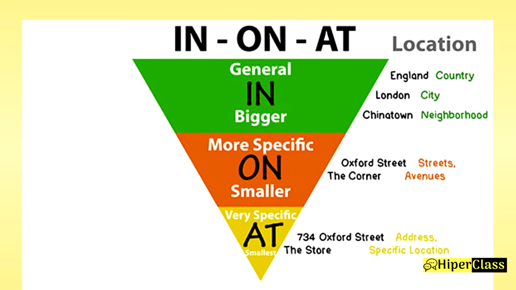For example, streets and avenues, such as Oxford Street or the corner. At is used for very specific things or the smallest things that we can talk in English about a place. For example, address or specific locations, such as 734 Oxford Street or the store.